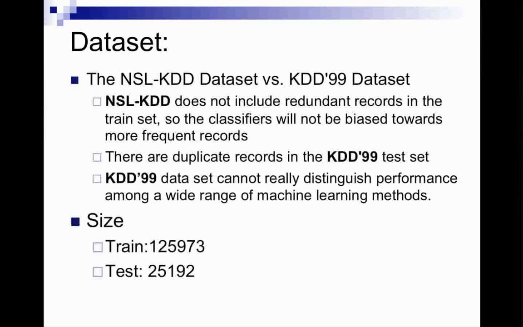Another one is that the KDD99 dataset cannot really distinguish performance among the wide range of machine learning methods. It's hard for me to compare and do some error analysis among each machine learning method. And also, the NSL-KDD dataset has a very good ratio between the train and test dataset.